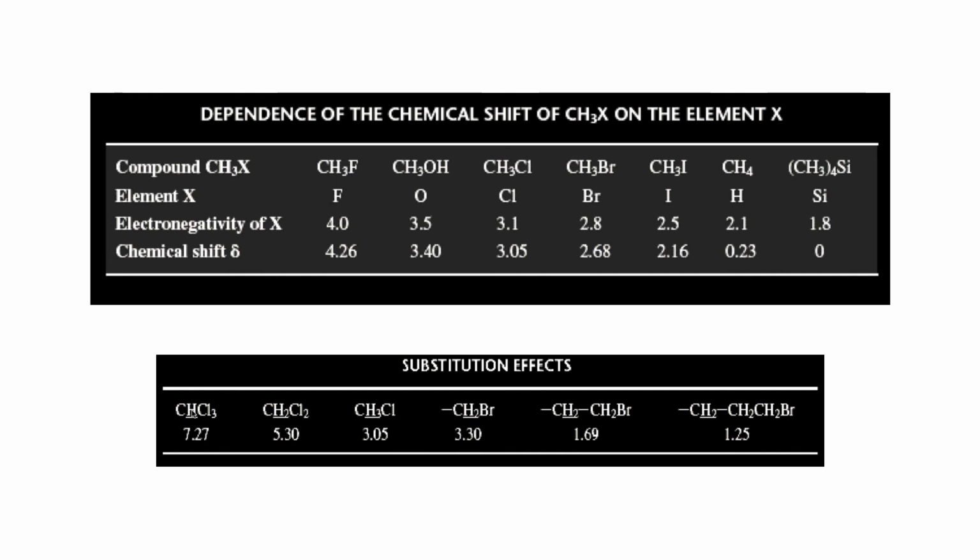So the proton of trichloromethane usually appears at 7.27. Similarly, there is one less chlorine in this molecule compared to that, so the delta value has reduced, and it reduces in all the subsequent cases. This is how the effect of electronegative substituents plays a crucial role.